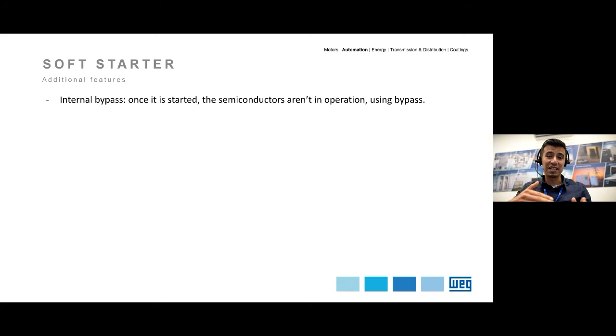So what do we do? We have a contactor to bypass. So you accelerate, and when you get to the rated speed, you bypass, and then you don't need to use the semiconductors anymore, right? And that brings advantages, because when you're not using the semiconductors, your efficiency goes up, because we have more losses on the SCRs than in a switch, which is the bypass contactor, right?